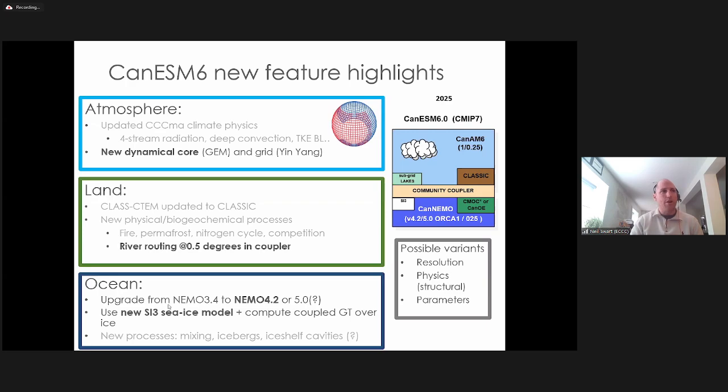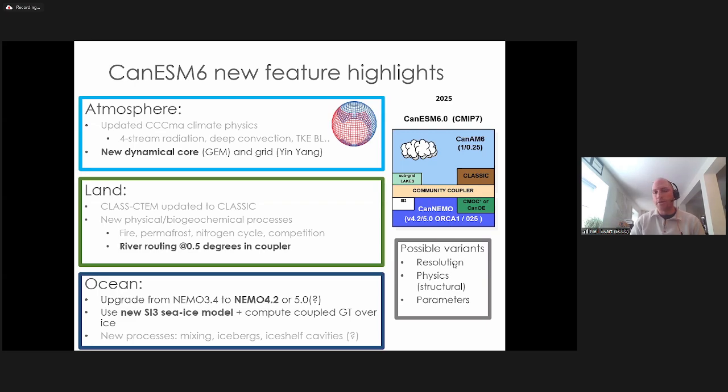And then, as I mentioned, we're going to be upgrading the ocean model to NEMO 4 or maybe even NEMO 5 if it's ready in time, a new sea ice model, SI cubed, and really a reconsideration of how we're doing sea ice thermodynamics in the coupled system. So that will form the basis of CanESM6.